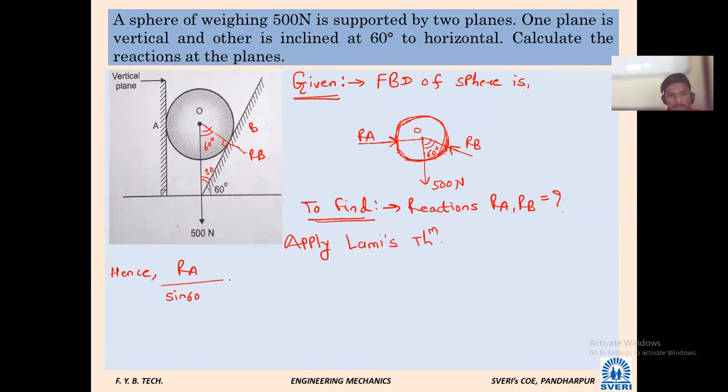equal to RB divided by sin 90, equal to 500 divided by sin 150.